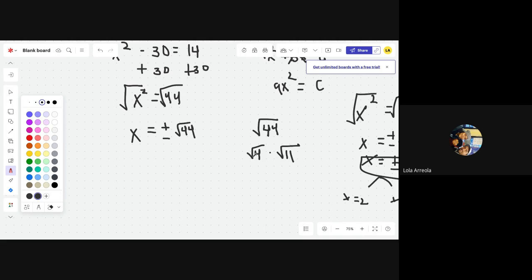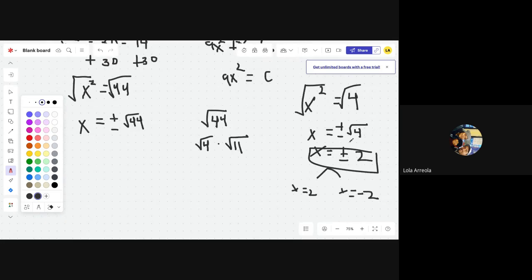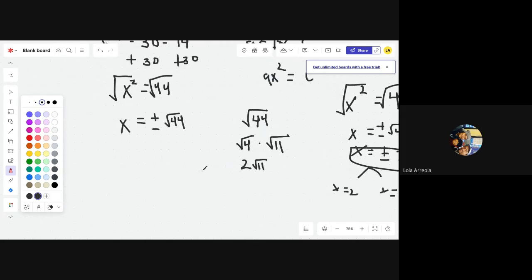So the reason I chose 4 and 11 is because square root 4, what is square root 4? It simplifies to a nice integer, 2. So 4 is a perfect square. That's why it's a perfect factor of 44 to choose in order to simplify my square root here. Okay, makes sense?